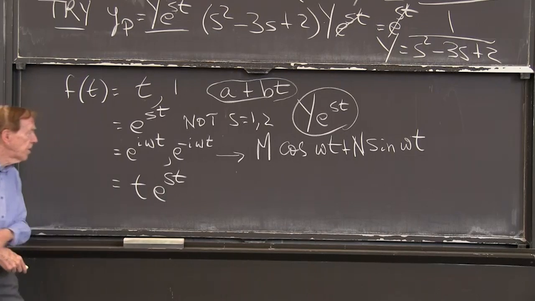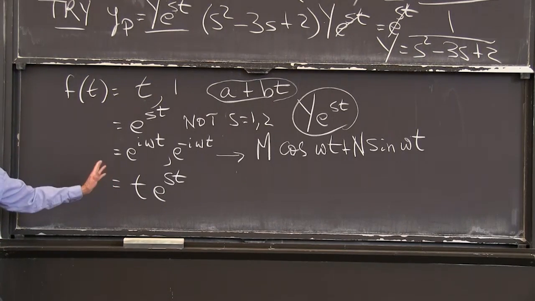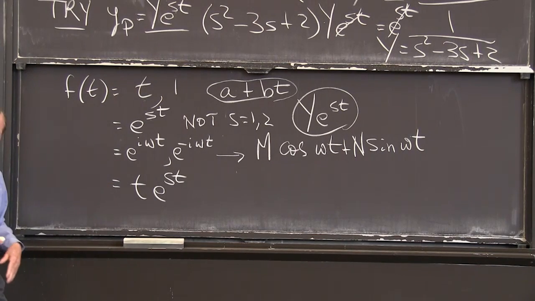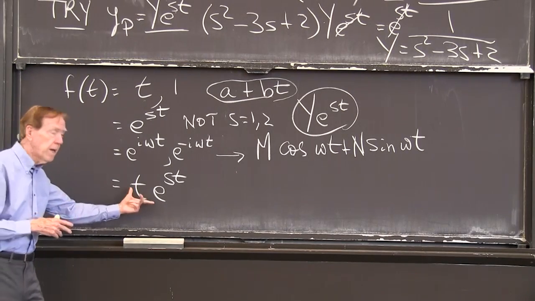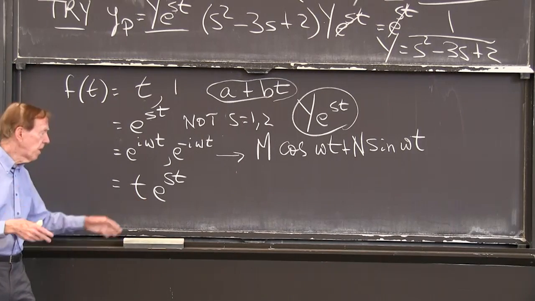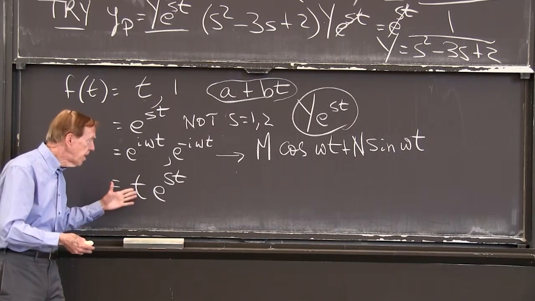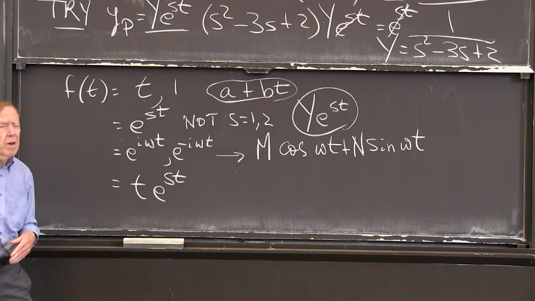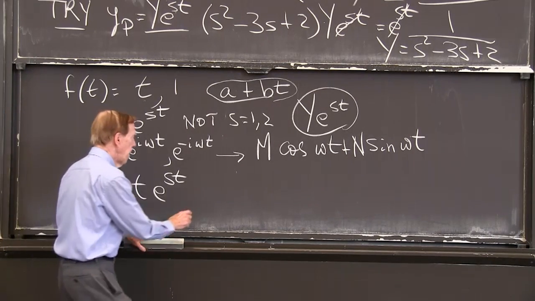Now, next question is, if I multiply two of these, the product rule is still going to tell me that derivatives of that have the same form as that. Derivatives of this t e to the st also involve t or e to the st with factors s from the product rule. So what do I assume here?